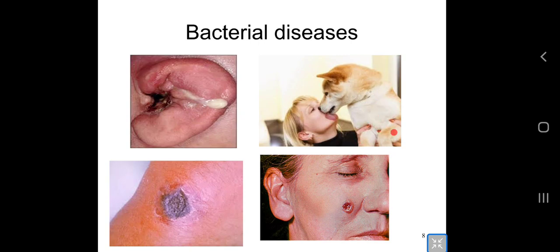For example, there are certain people who keep dogs, and dogs are really faithful and kind. You train them, they are good family members. But sometimes when they are licking, there are certain microorganisms they carry. They are not going to be sick, but they are going to pass that kind of disease to you. For example, cats, especially, are going to kiss you and come closer to you, but they have a scratch.